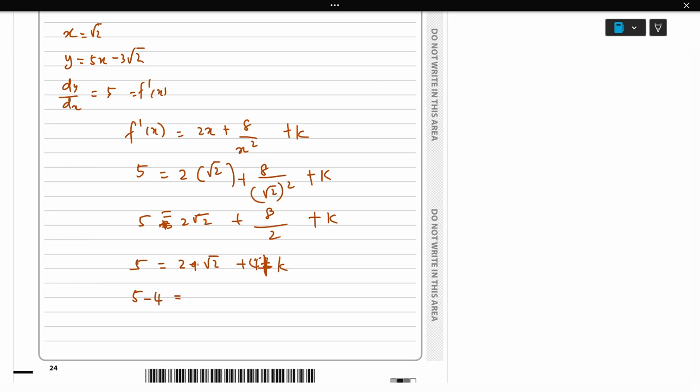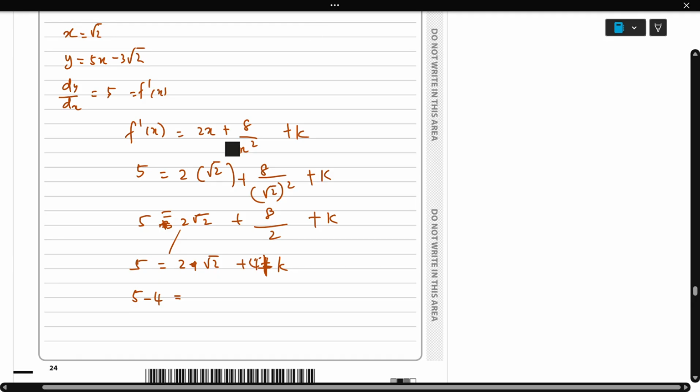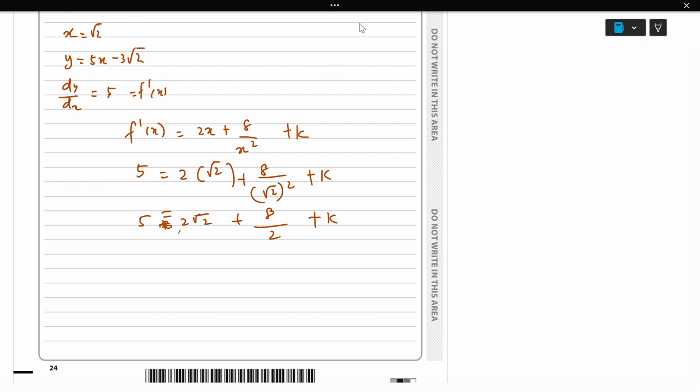Let me rewrite this part. From here, 5 equals 2 root 2 plus 4 plus k. Bring the 4 to this side, so 5 minus 4 equals 2 root 2 plus k.